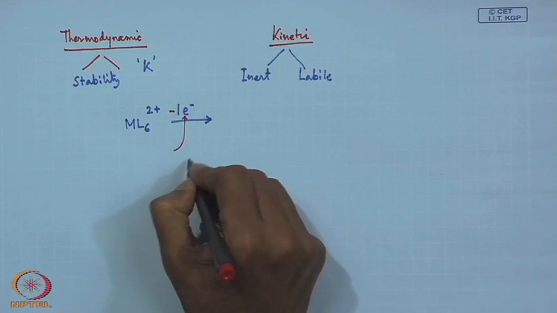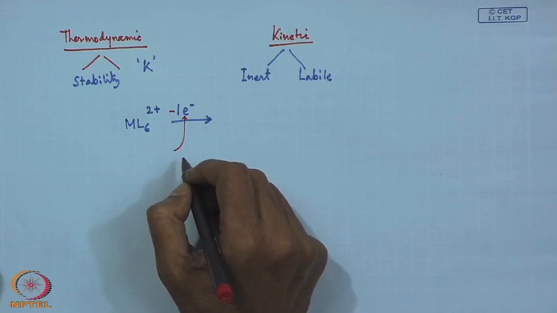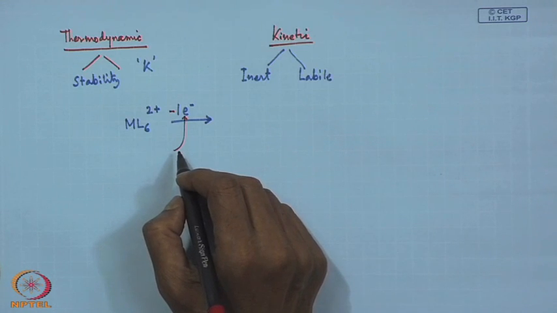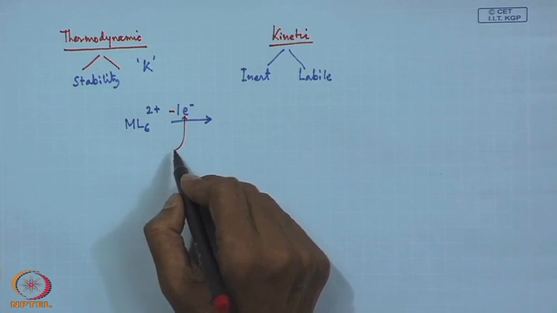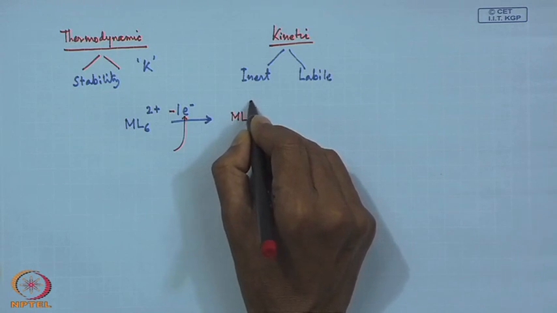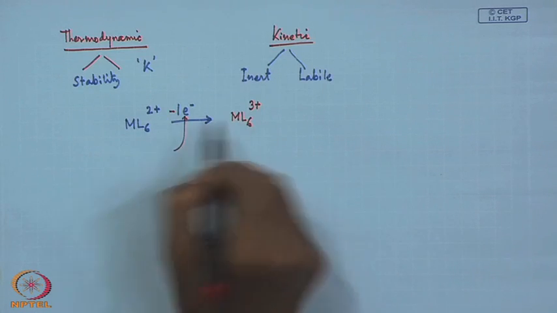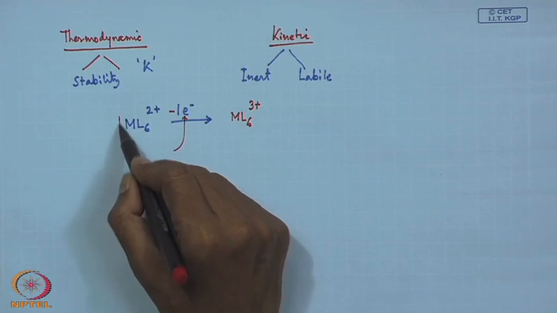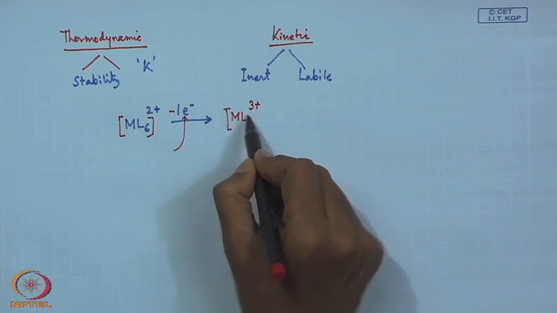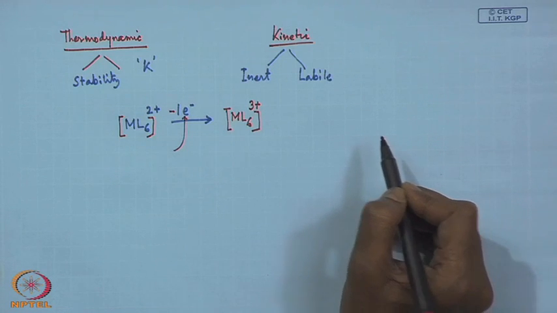That can be some other species available in the reaction medium, or simply the electrode of an electrochemical system like a cyclic voltammetric system or a coulometric system, giving rise to ML6 3 plus. This electron transfer can take place between these two species. Both of them are ML6, with only a change in the oxidation state of the central metal ion.